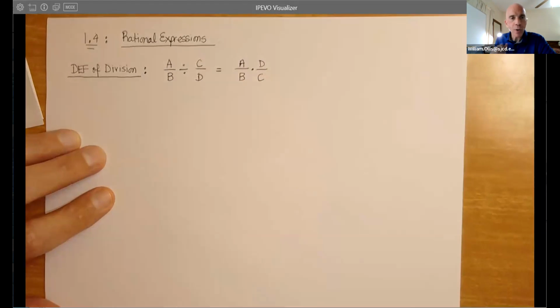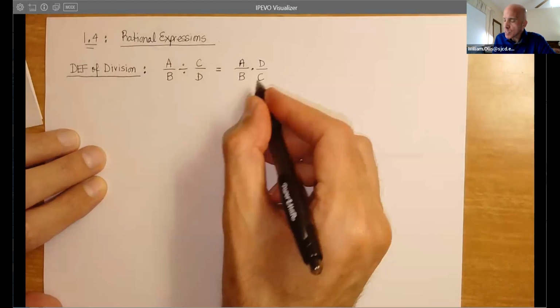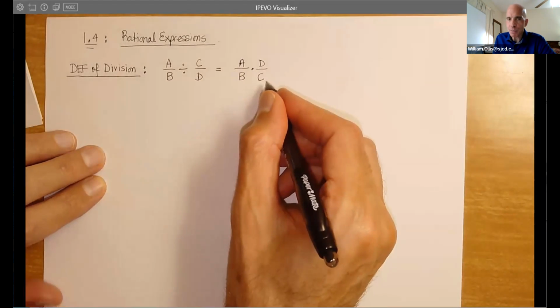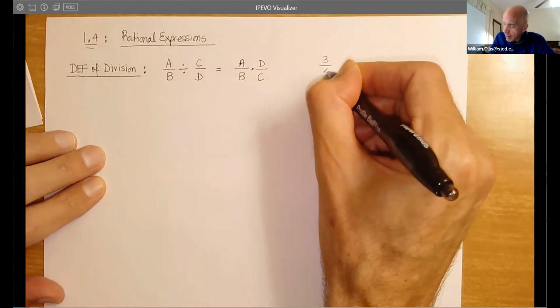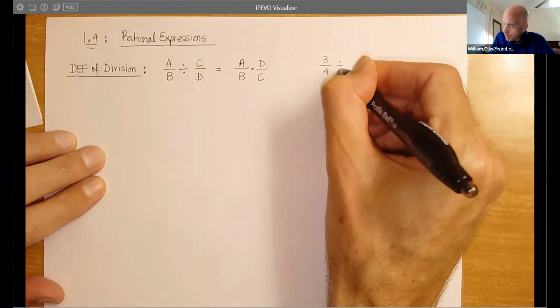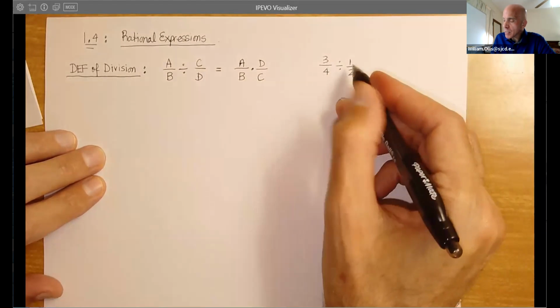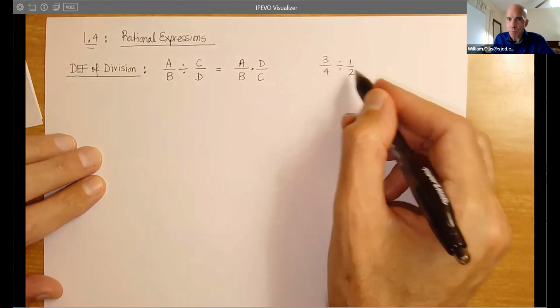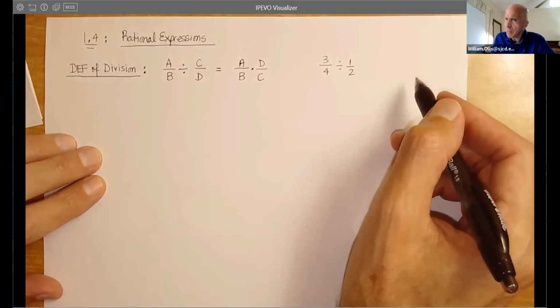So when you think about this intuitively, this is the only definition that's possible. For instance, if we have 3/4 divided by 1/2, in this case, 1/2 is smaller than 3/4. So if we divide by 1/2, we're going to get something bigger.